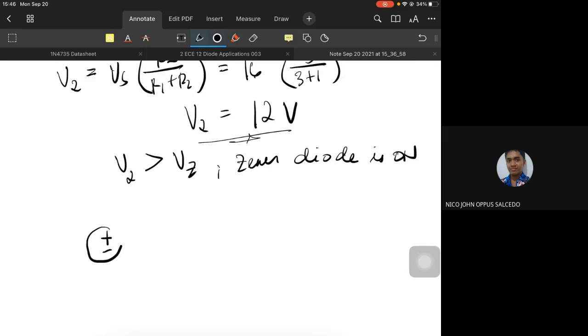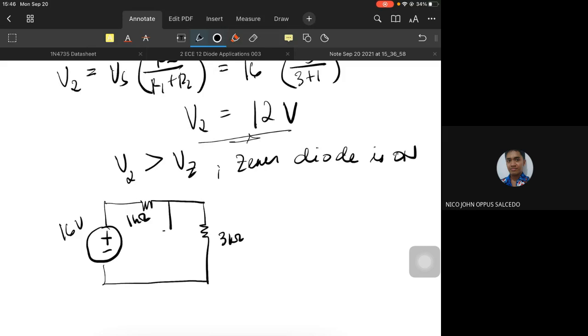So we don't need to redraw the circuit. But the voltage across the load is no longer 12 volts. Again, its purpose is to regulate voltage, so it is already 10 volts only. Okay?